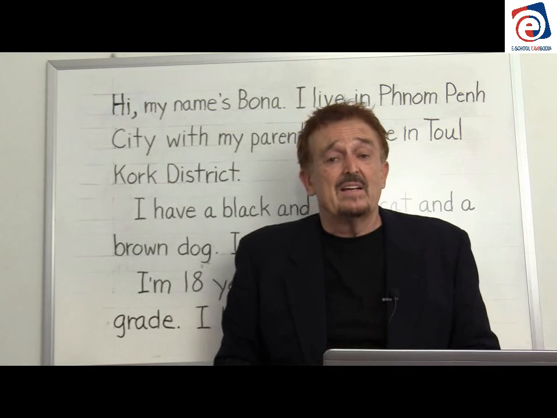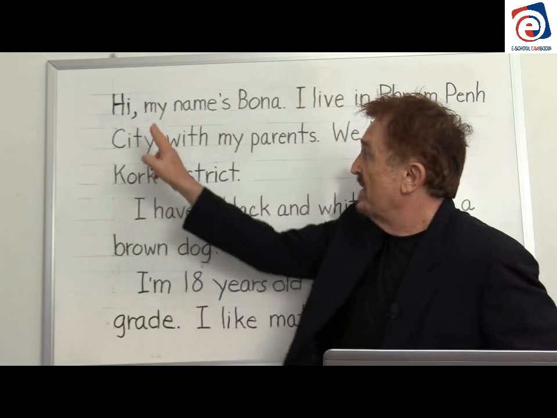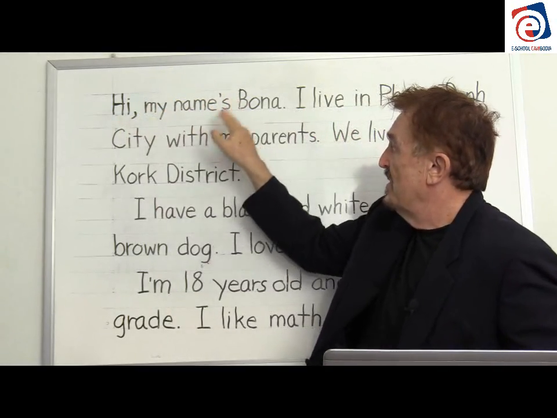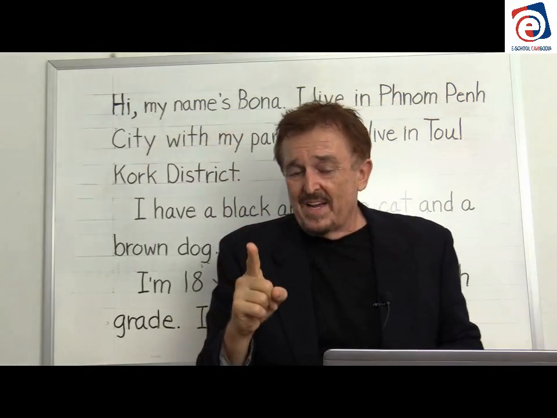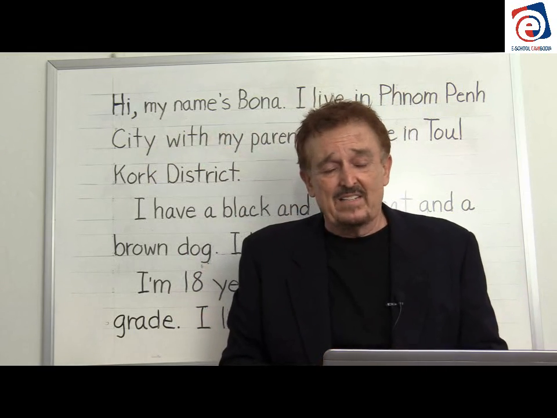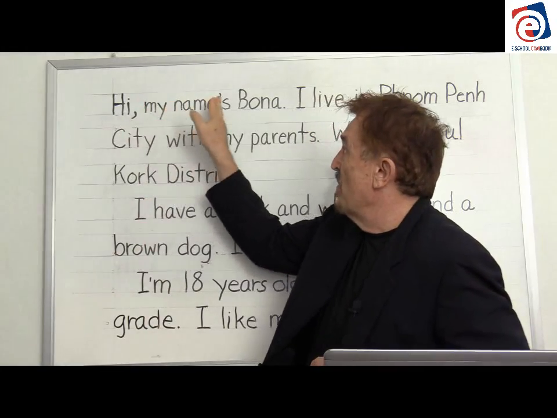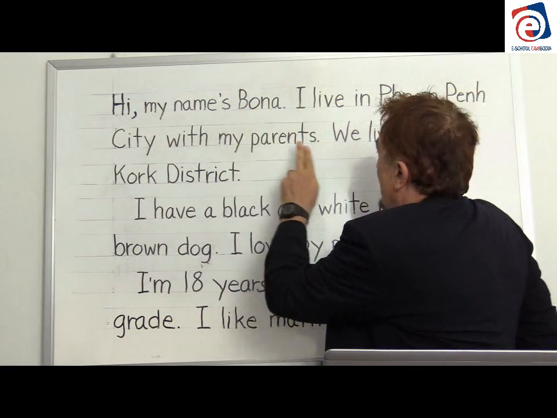And by the way, there is one space between every word. You see? Space, space, space. Space, space, space. There's one space. Some students put a big space. That's not correct. One space between every word, but two spaces between every sentence.